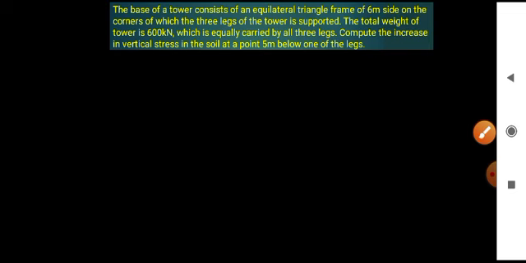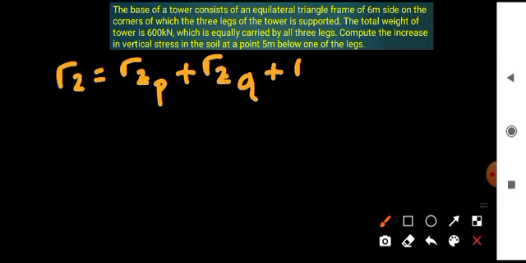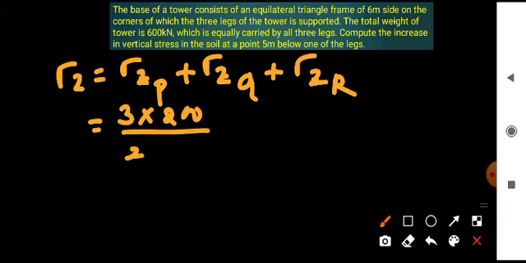Sigma Z is the summation of sigma Z at P plus sigma Z at Q plus sigma Z at R. Since I said already, 3Q is constant: 3Q is nothing but 200 kilonewton divided by 2 pi.